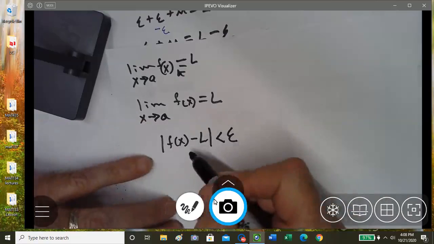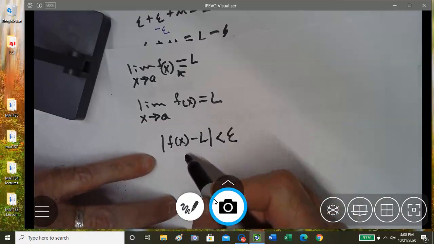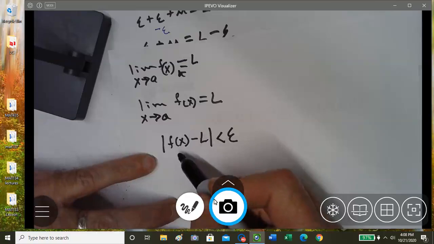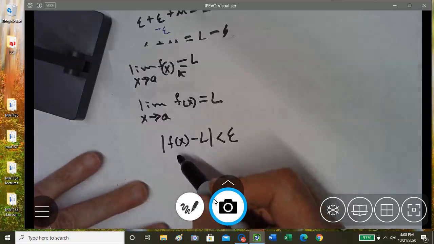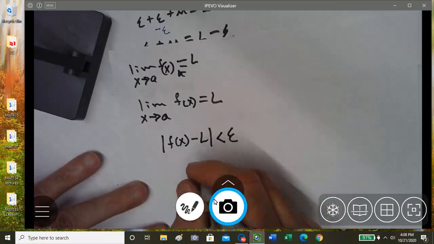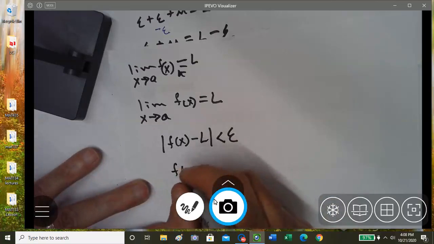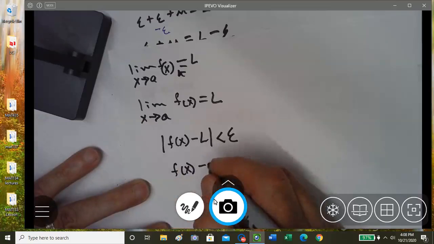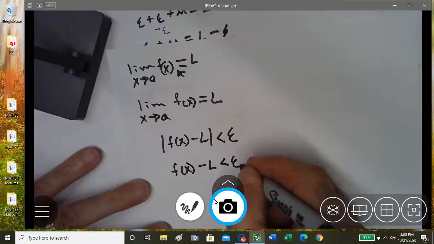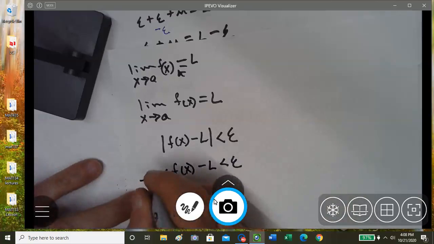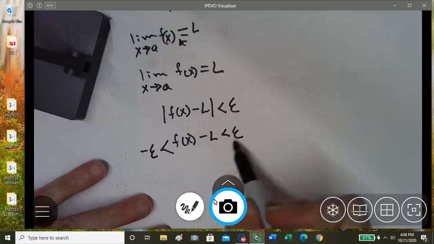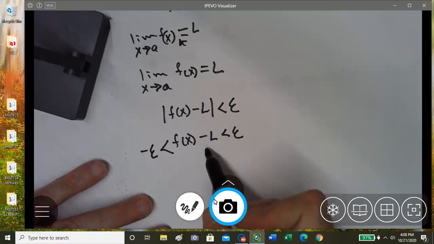If we solve for f of x, we do away with the absolute values. f of x minus L is less than epsilon, but it's greater than negative epsilon. We do this when we're solving an absolute value problem.